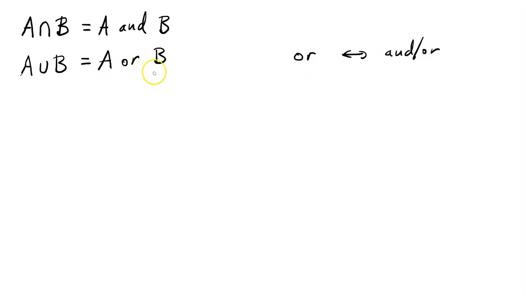So this A or B is true if at least one of these is true. So if this is true, or that is true, or if both are true, then the whole thing is true. The only time the whole thing is false is if both are false. So or is not exclusive or, but the and/or meaning of or. Okay, so in logic that means at least one, or and/or.